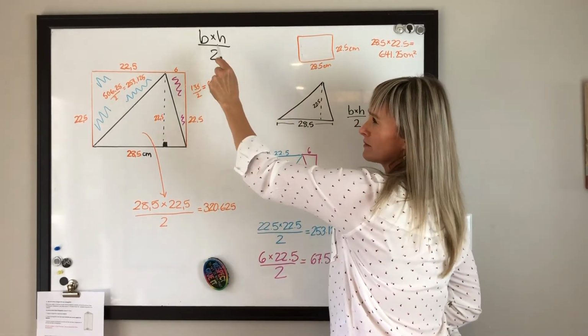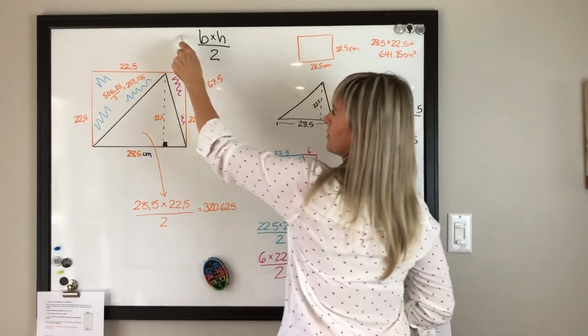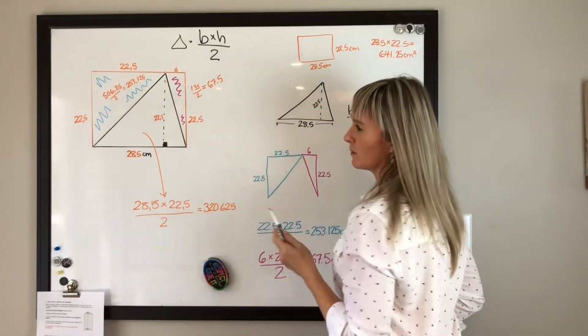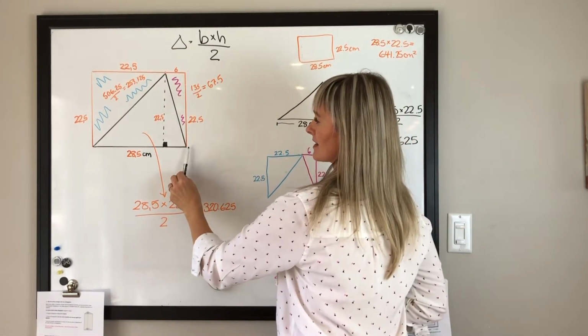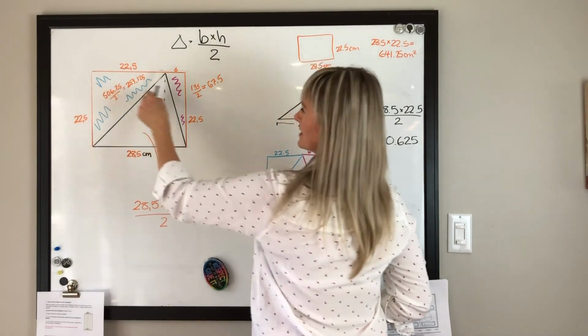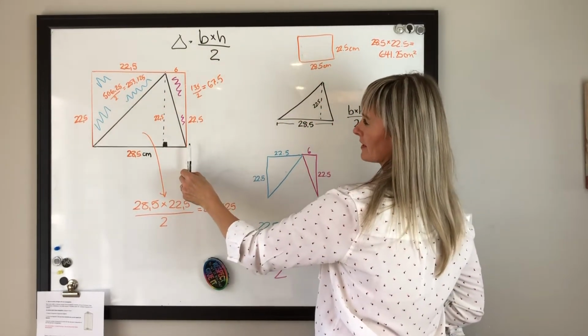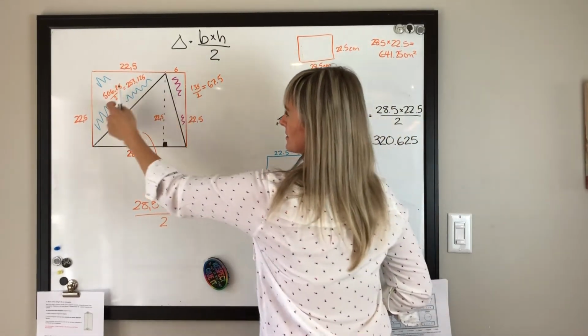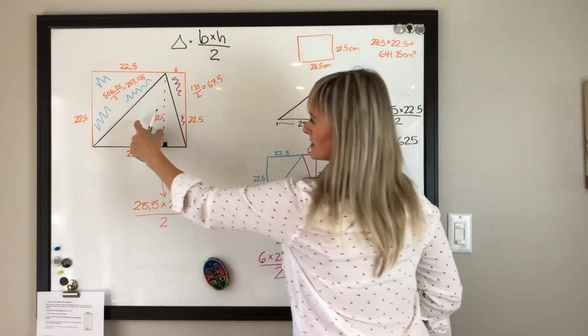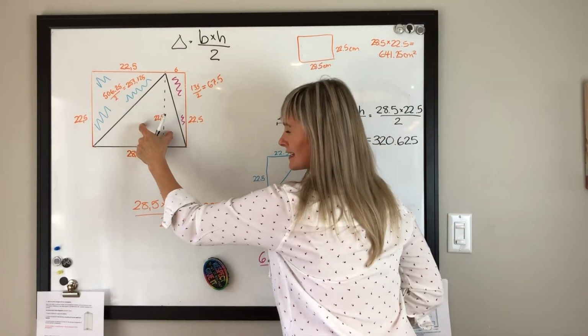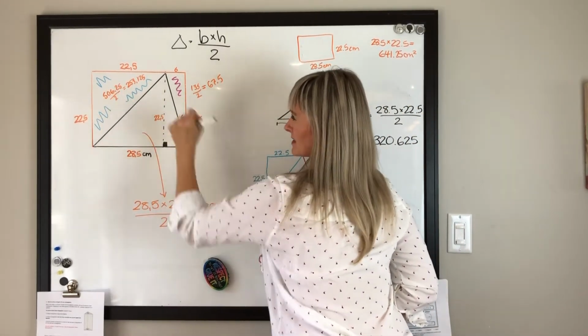But why do we divide base times height by 2 when we're measuring the surface area of a triangle? Why do we do that? Well, that's because if we were to take that triangle and turn it into a rectangle, you would actually double the surface area. So this surface area is exactly the same as this plus this surface area.